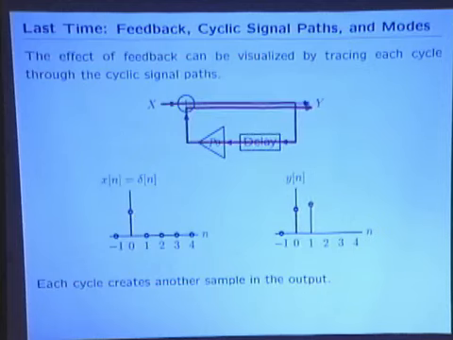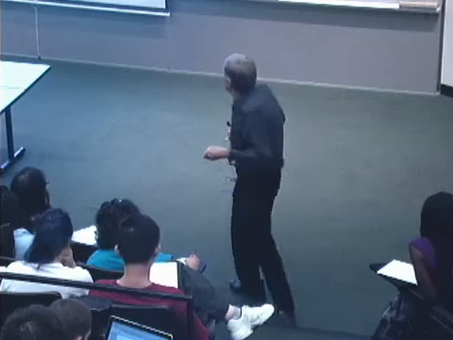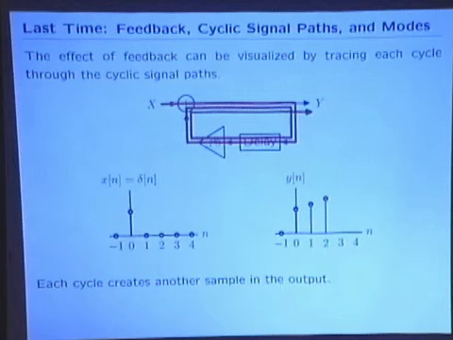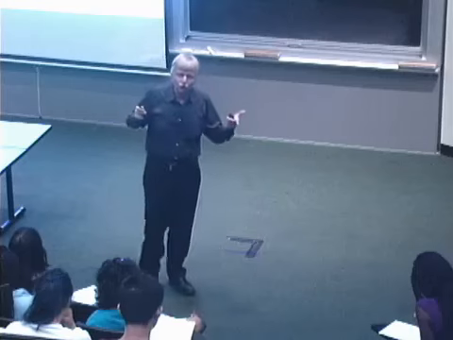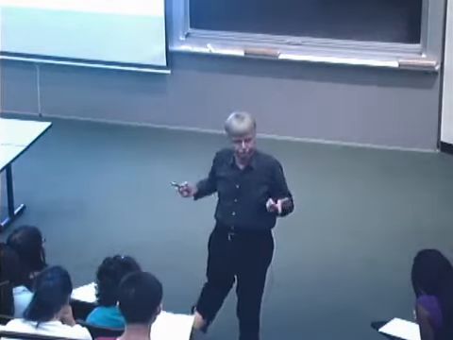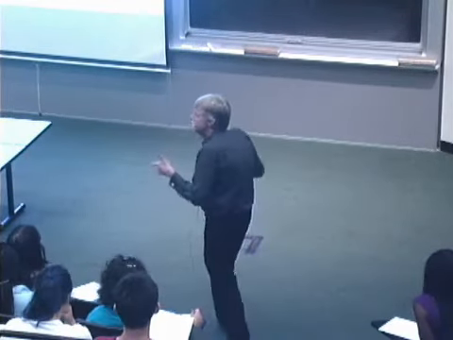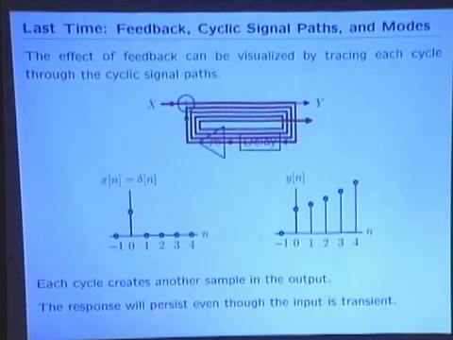But then you could get an output at time 1 if you cycled around once. This is the idea that a signal somewhere depends on a prior value of itself. And you could get a response at time 2 by going around the loop twice, 3 times, 4 times, et cetera. And in general, the response could persist forever. That's such an interesting behavior. It's such a fundamental property of these systems that we want to characterize systems by thinking about them that way.